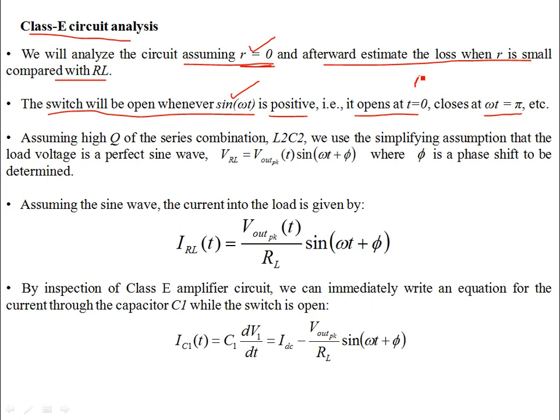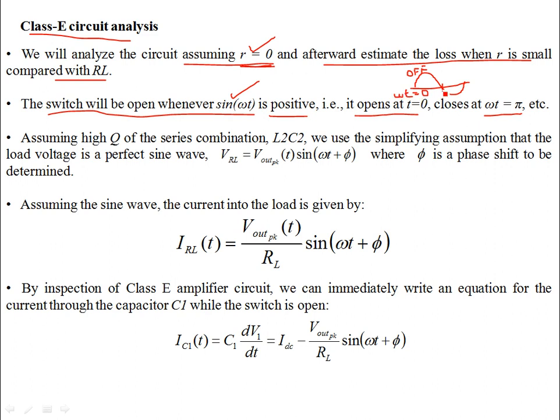So for example, if your switching is like this, let's say at t equal to 0, your transistor is off. The switch is open, so the transistor is off. It's not conducting.